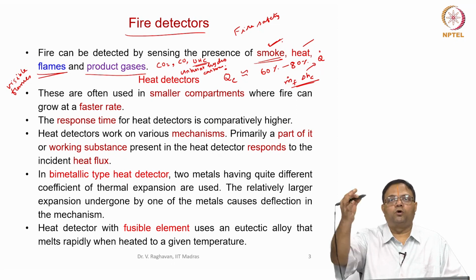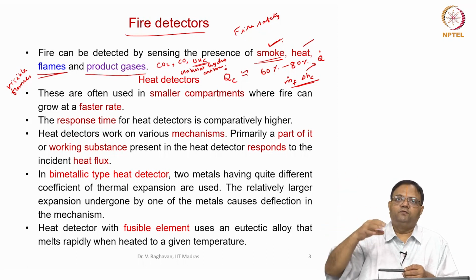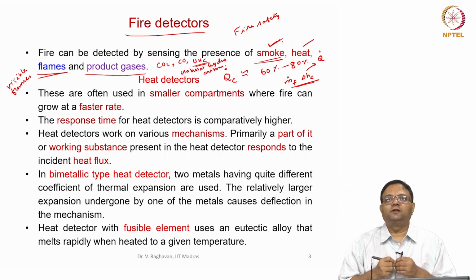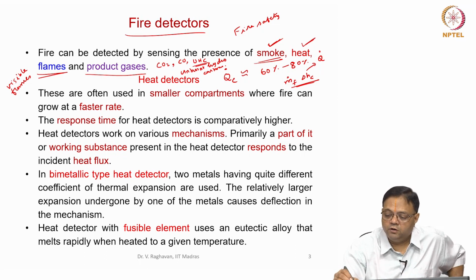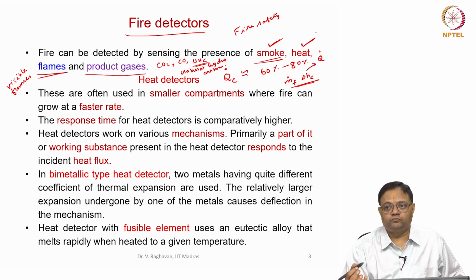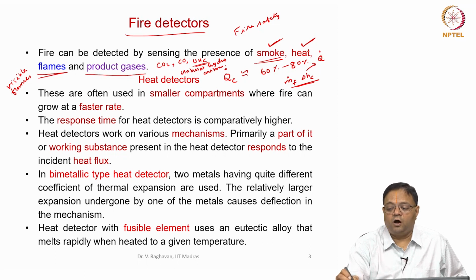If you see smoke at a long distance, we can easily suspect that there is a fire beneath that. Similarly, the smoke will be hotter, so the heat or temperature can also be used for detecting the fire.